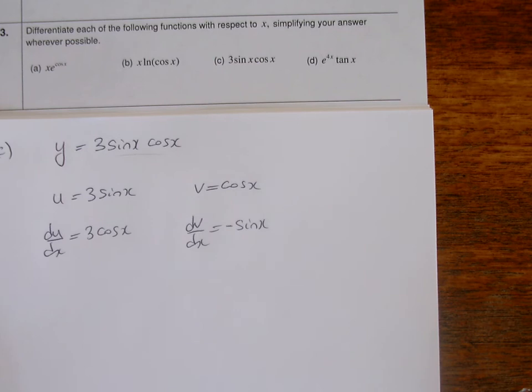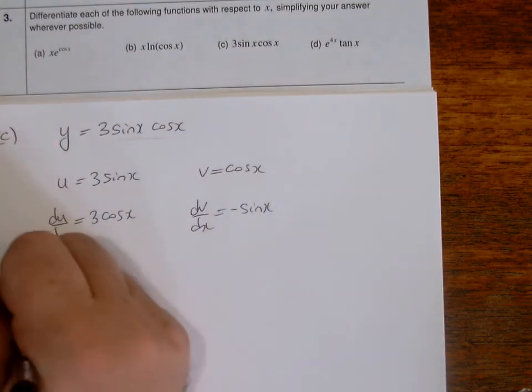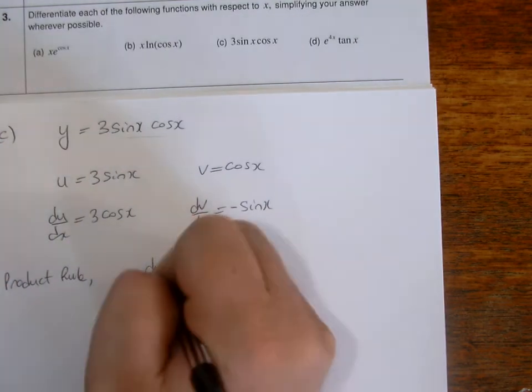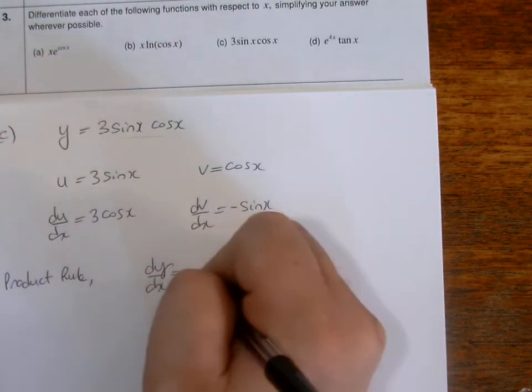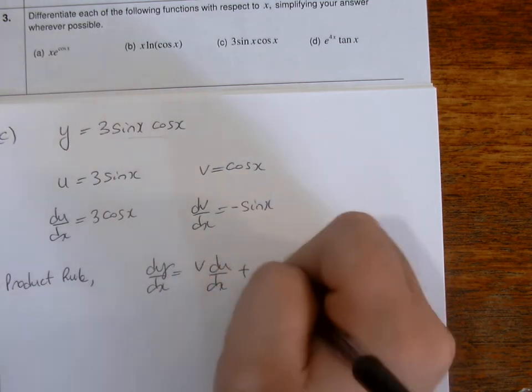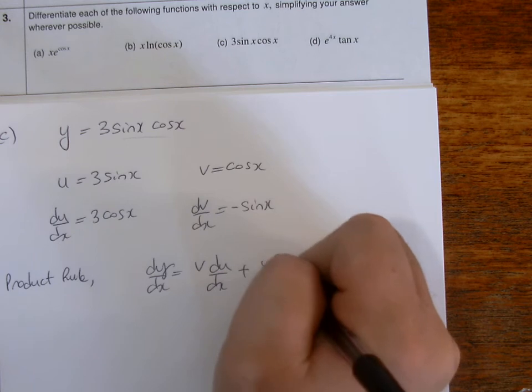Okay, so using the product rule, dy/dx is v du/dx plus u dv/dx.